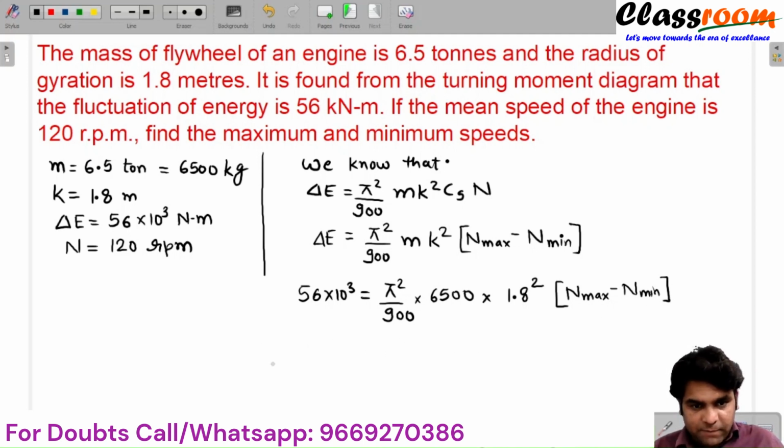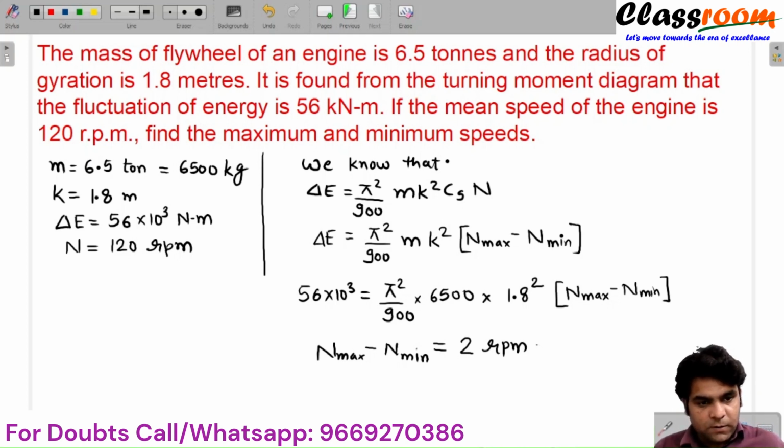After calculations, Nmax minus Nmin is equal to 2 rpm. This is the first relation.